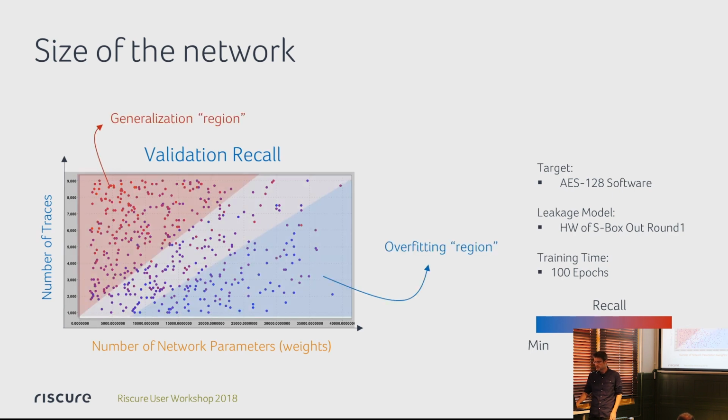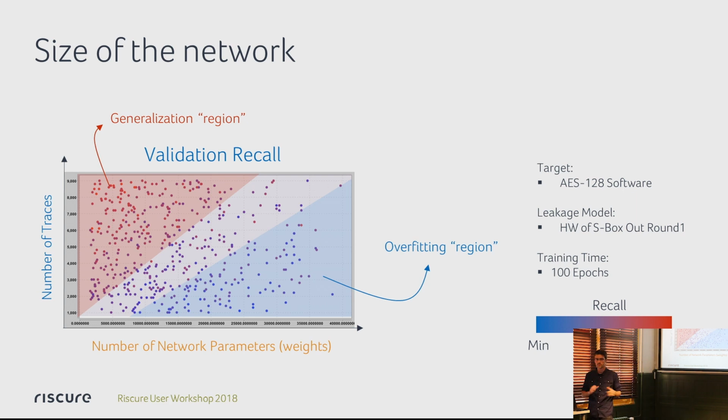And also for the validation, meaning that this is the trace set that the network was not trained with, it's the opposite. So the more traces I have for training, the better the generalization. And of course, the fewer traces I have, the bigger the model, the more overfitting I have.